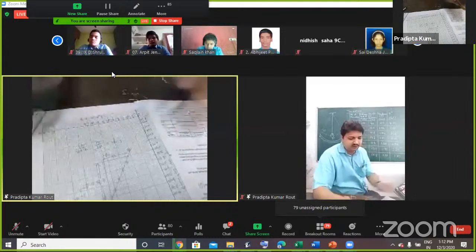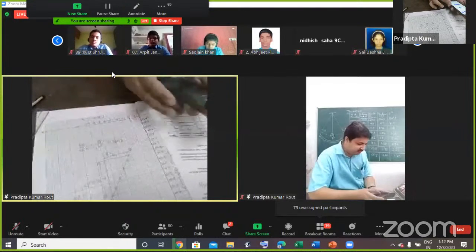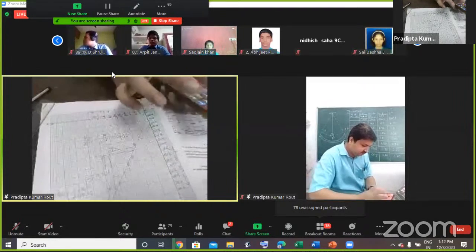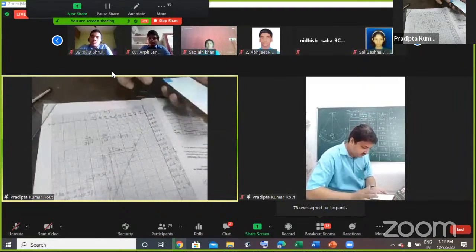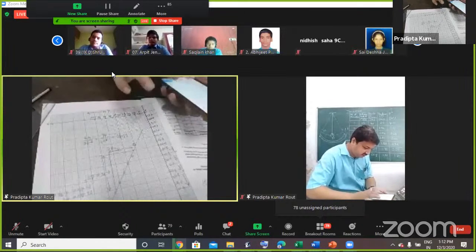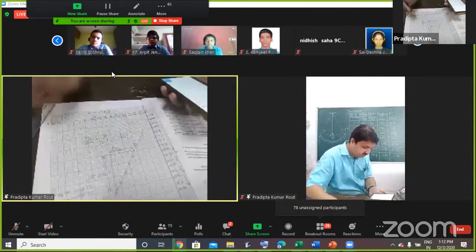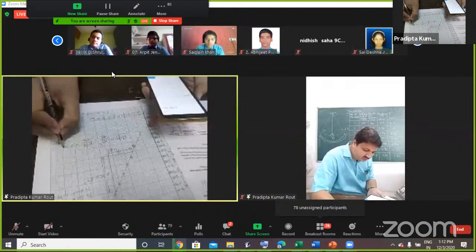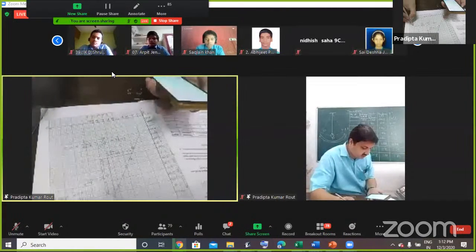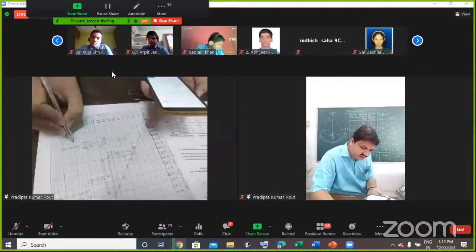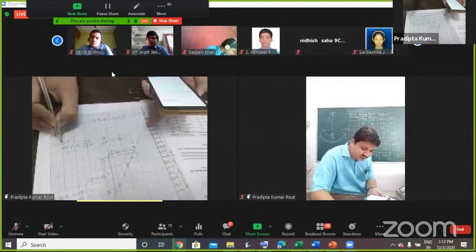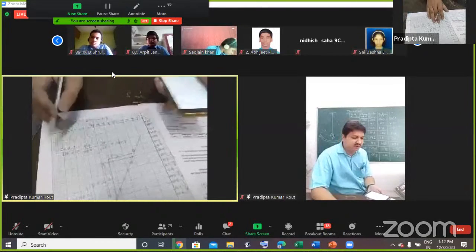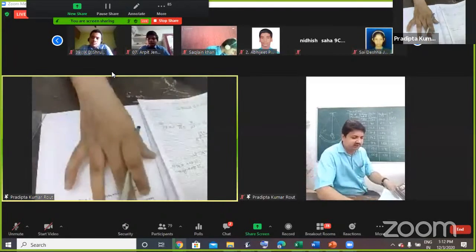Now this I can quickly calculate here. 0.75 divided by 44, it comes out to be 0.017. So nearly 0.02 you can say. So this is the value of slope. This value you have to substitute in the formula.